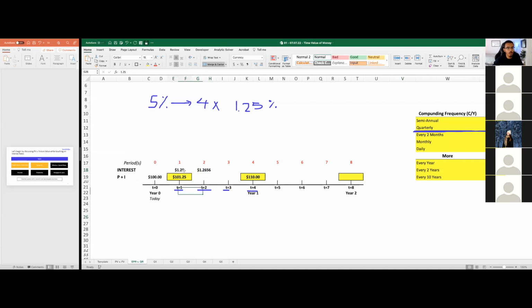So notice how instead of $1.25 per quarter, now we're making $1.26 per quarter, such that the total amount we have after 2 periods is now $102.52. And essentially, we're going to do this again and again.